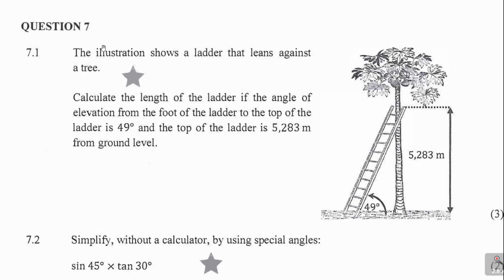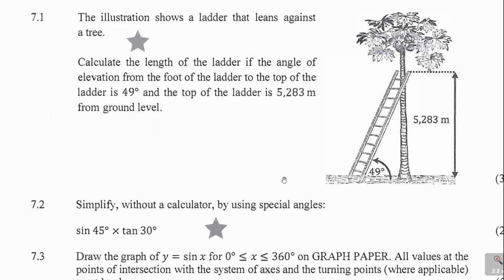Question 7. The illustration shows a ladder that leans against a tree. Calculate the length of the ladder, if the angle of elevation from the foot of the ladder to the top of the ladder is 49 degrees and the top of the ladder is 5.283 from the ground level. They've given us the information there. You mustn't complicate it and find yourself stressing.